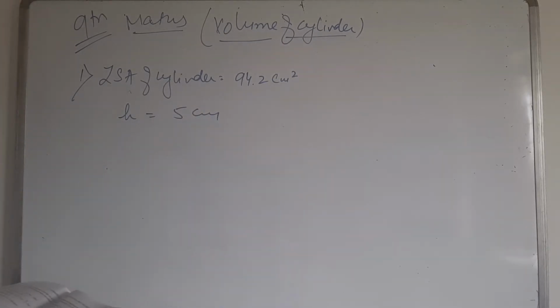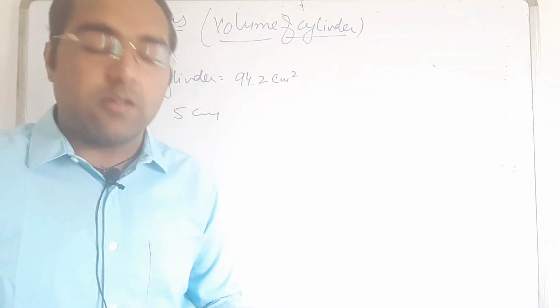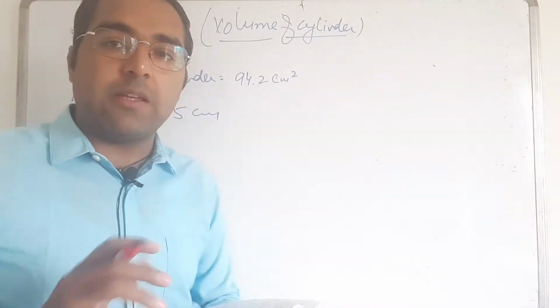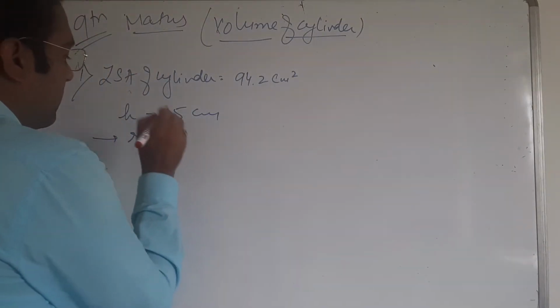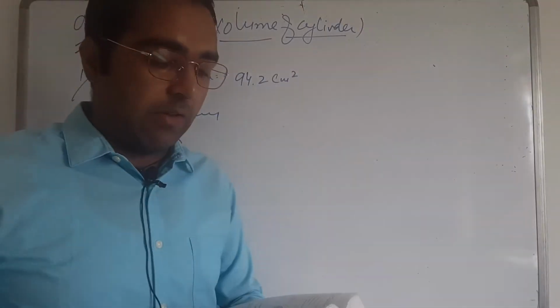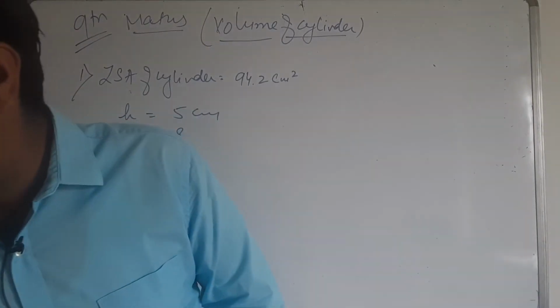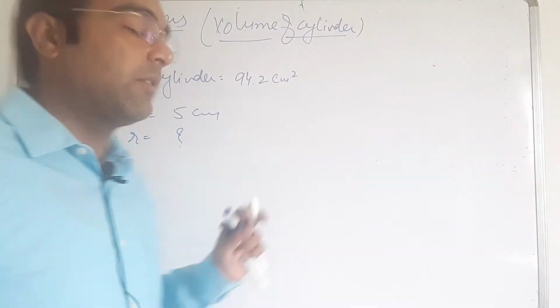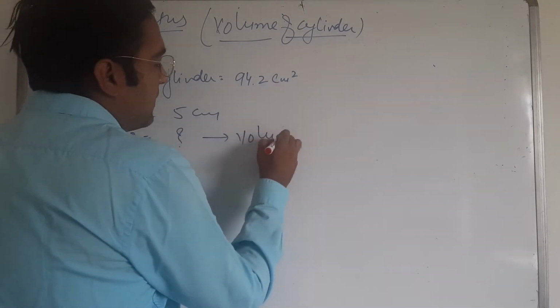Now, find the radius of its base. So one of them is to find the radius, and the second one is to find the volume of the cylinder.